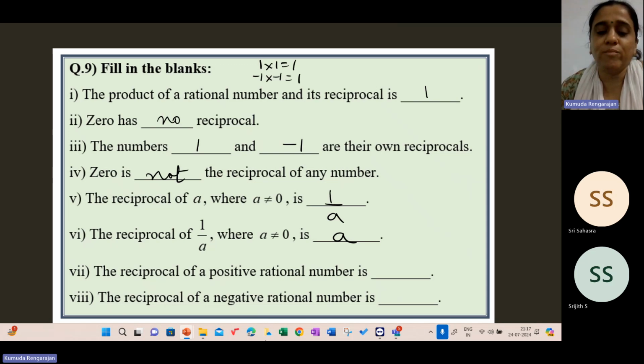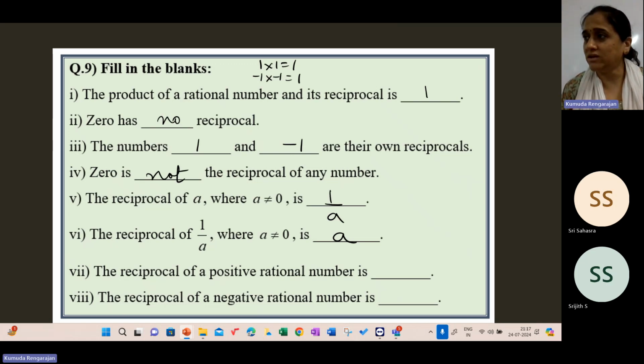The reciprocal of a positive rational number is positive. Because what do you do for reciprocal? We don't disturb the sign. We only disturb the number. So if the rational number is positive, reciprocal is positive.